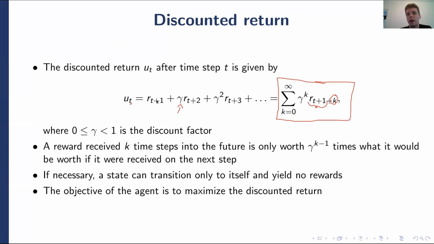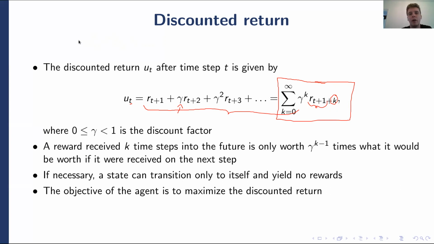Because we are summing rewards and multiplying later rewards by a number between 0 and 1, excluding 1, up to some power, what's going to happen is that the rewards that come later in the sequence will have less value.